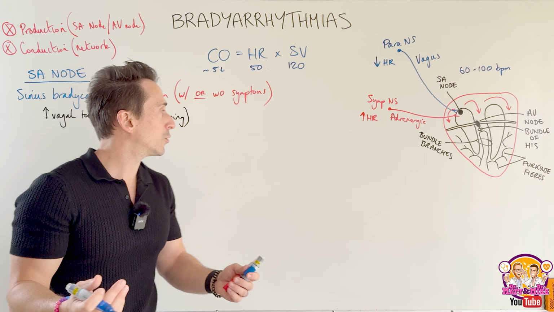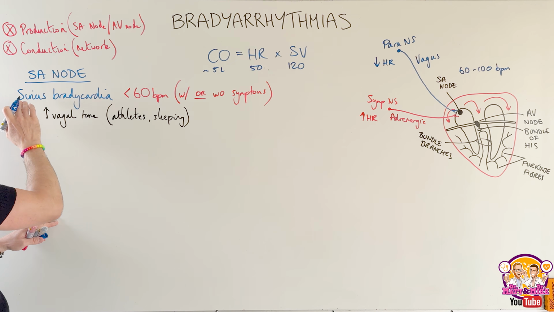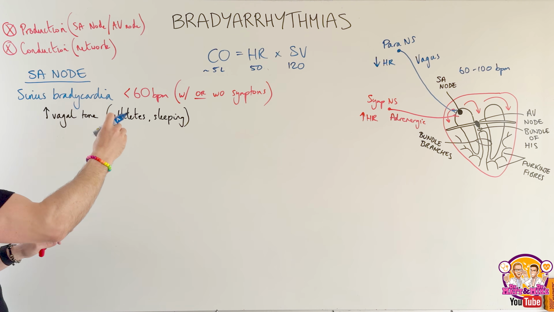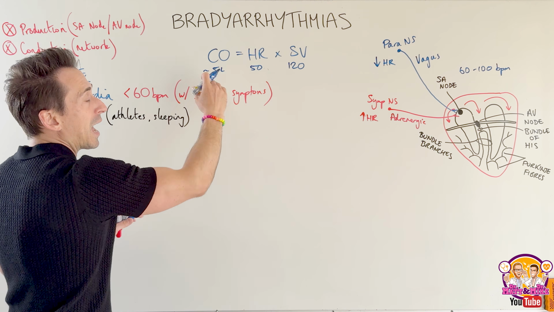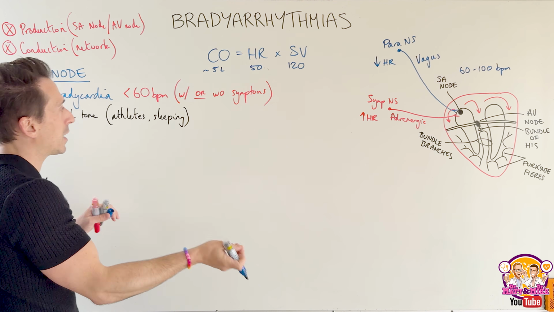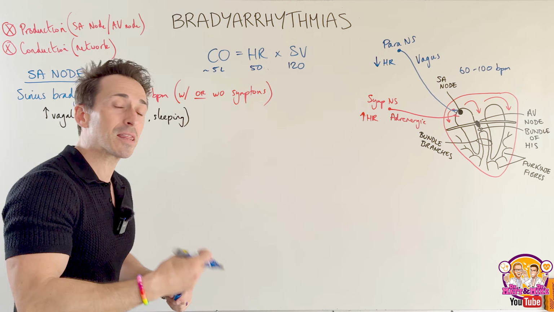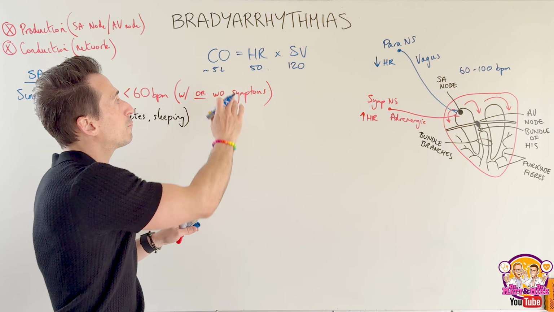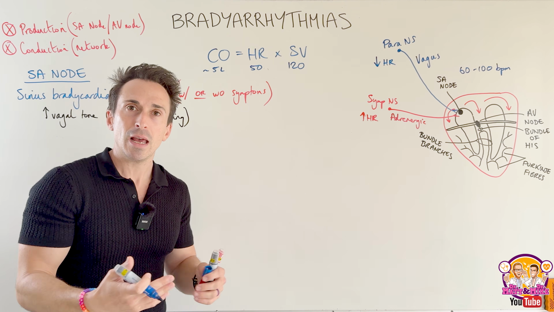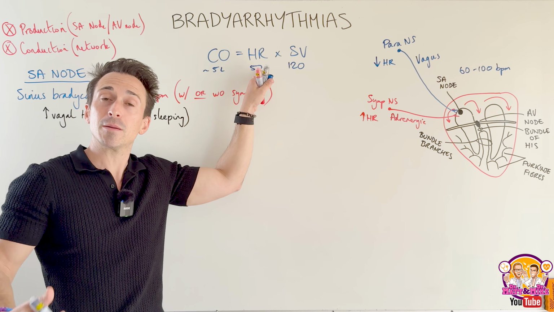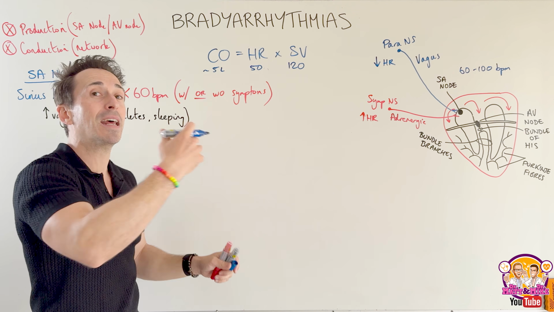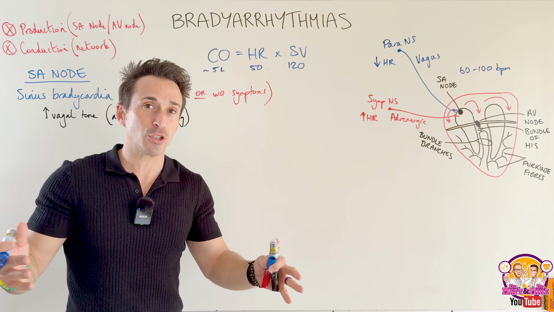That's not an issue. So you can have a sinus bradycardia and it's not a bradyarrhythmia if you're an athlete, for example, because you're still pumping out the appropriate amount of blood. Same when you're asleep, the metabolic demand, so the amount of blood that needs to be ejected every minute, diminishes. So of course your heart rate can diminish when you're asleep because the metabolic demand, the amount of blood we need, diminishes. These aren't issues.